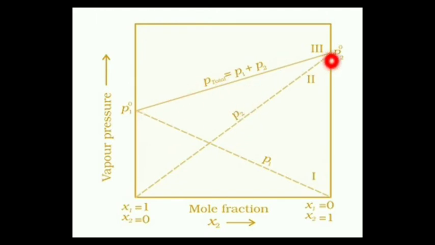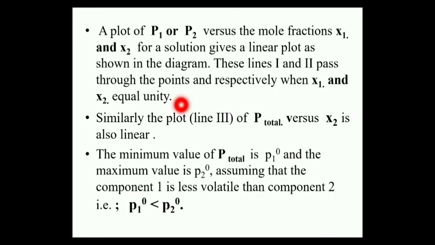That is observed through line 3. This is what is explained in statement 2, that the plot, or line 3, of P total versus X2 is also linear.